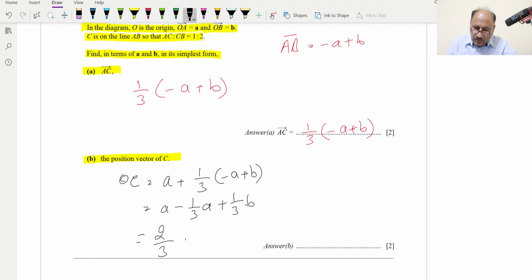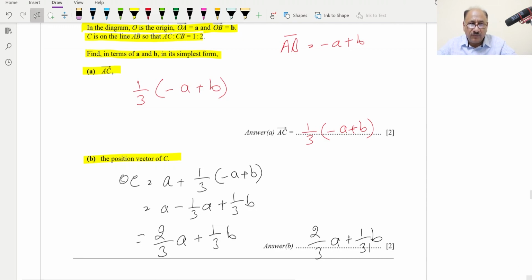So 2/3 A plus 1/3 B. This will be the final answer for this part.